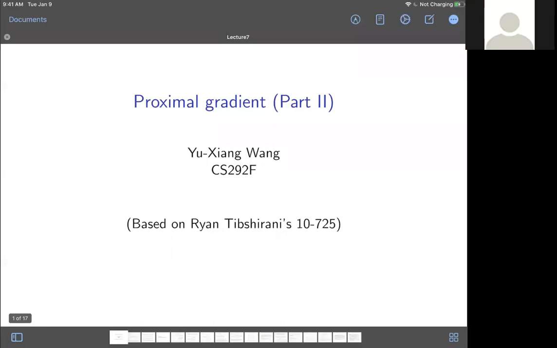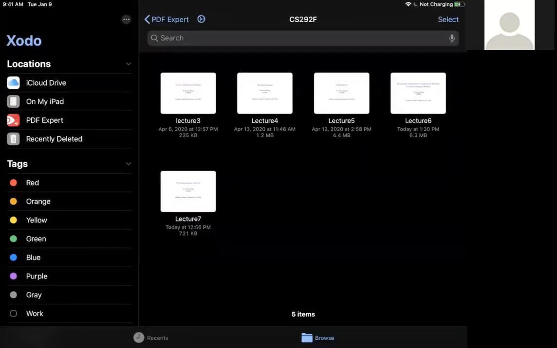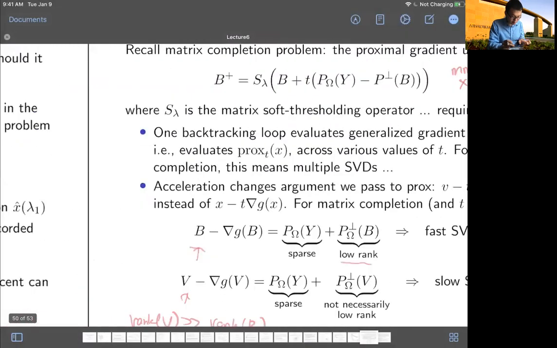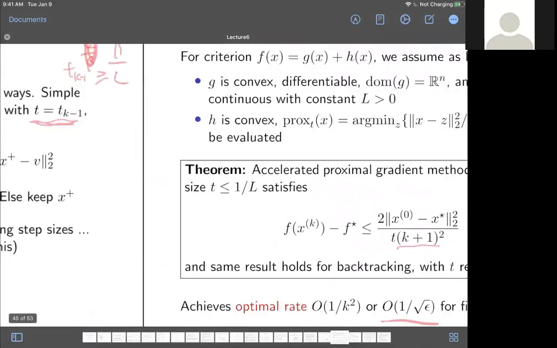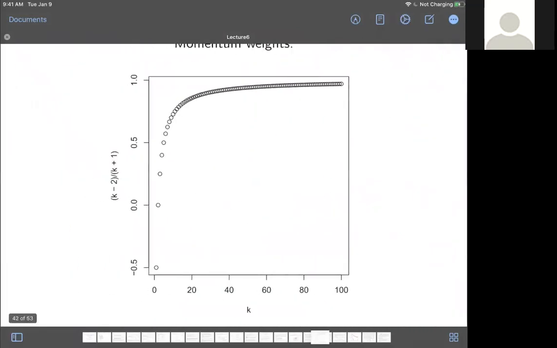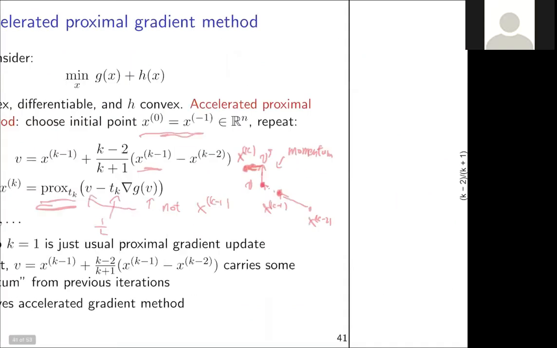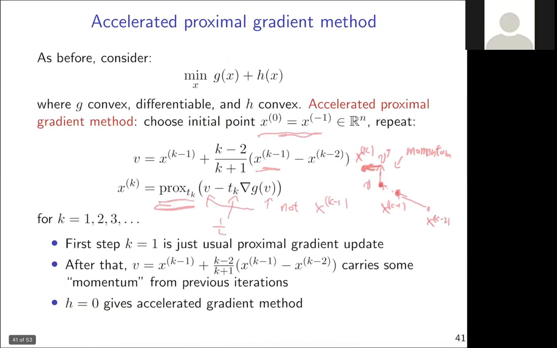Hi, Professor. Yes. I have a question. On the one that you said that when k becomes really large, the entire thing is closer to xk, like closer to the normal proximal gradient descent. So let's go back. You're talking about this slide, right? Oh, yeah, sorry, it's the other way.